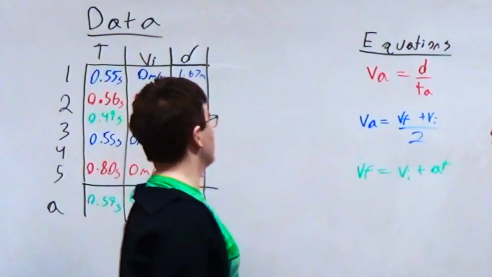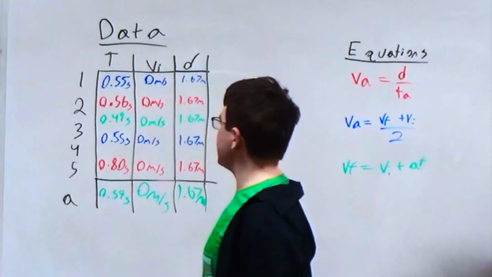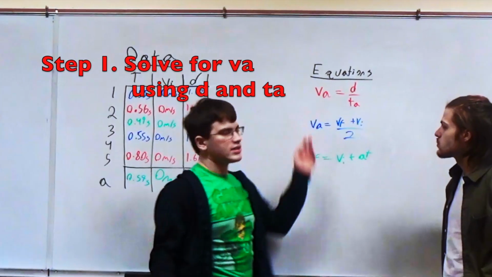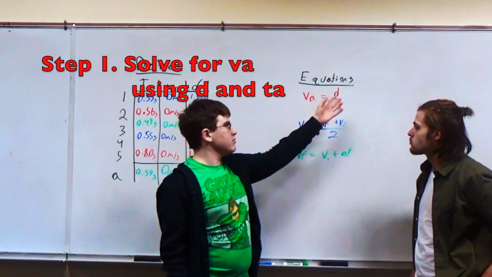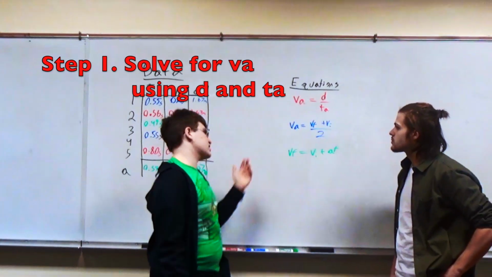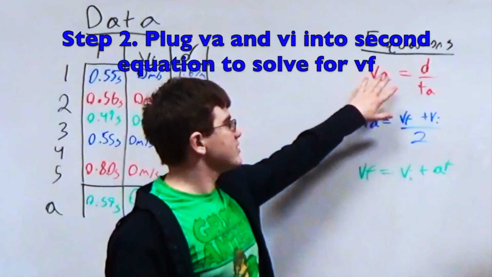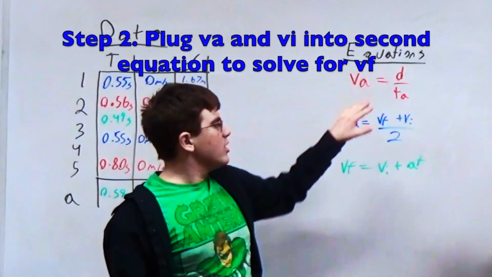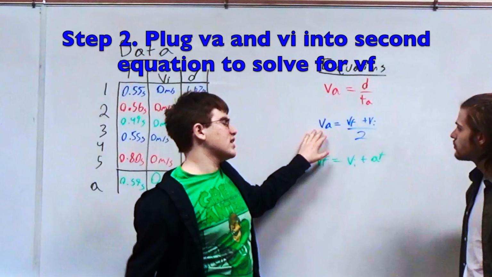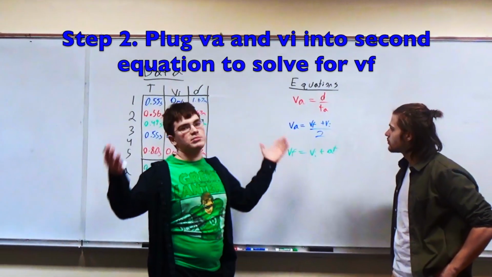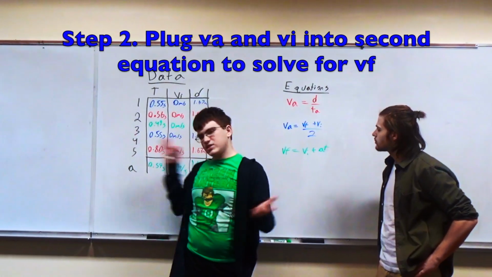We're going to take the average distance and the average time and put it into the average velocity equation. And we get the average velocity will be the distance, which was always the same, divided by the average time it took to get that distance. We're going to take the average velocity from there, plug into the other average velocity equation, and solve for our final velocity, our average final velocity for this time.